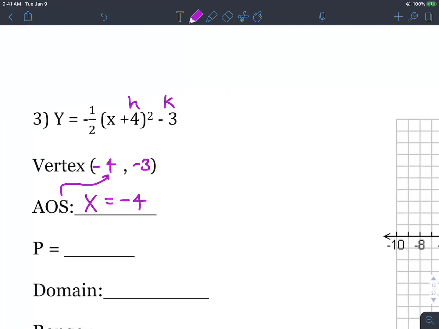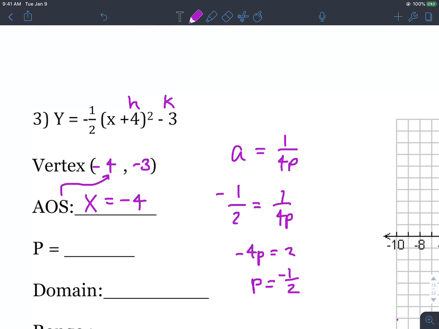Okay, your p distance. Let me do a equals 1/4p. So that means -1/2 equals 1/4p. So that means -4p equals 2, and then once you divide, that'll be -1/2 right there.